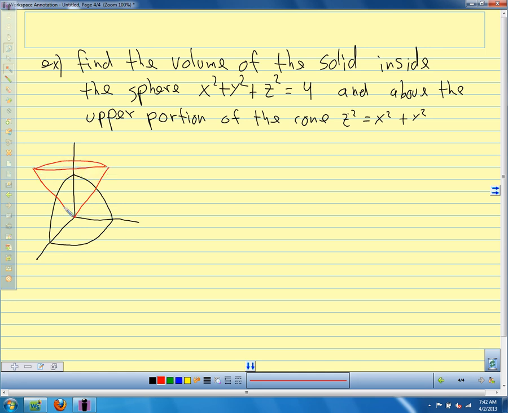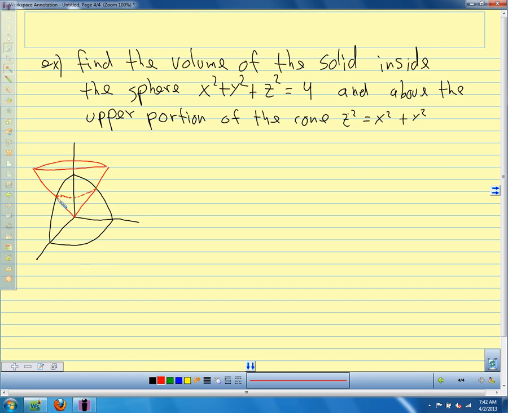The cone is going to cut into the sphere here. So we're talking about the volume inside the sphere and above the cone.